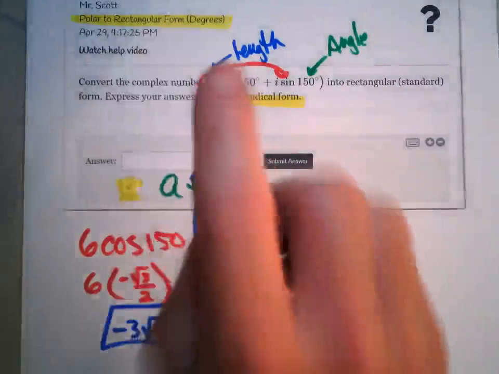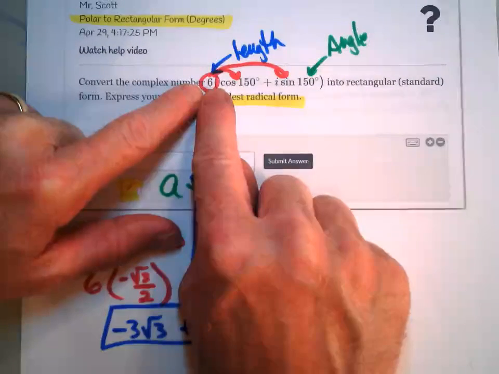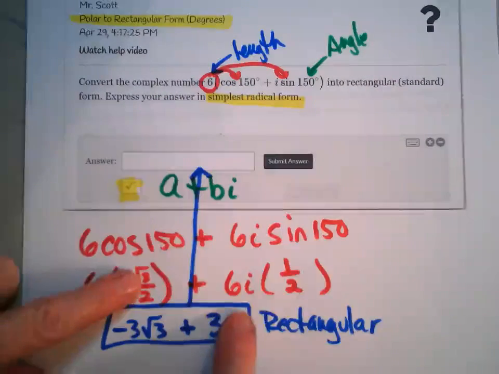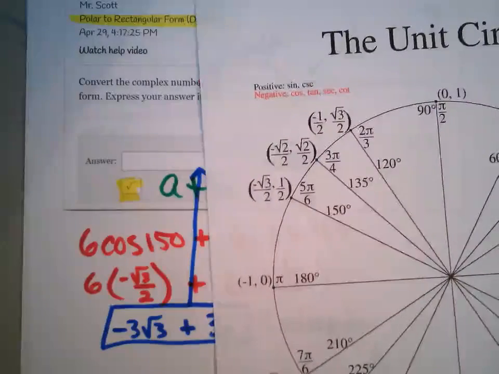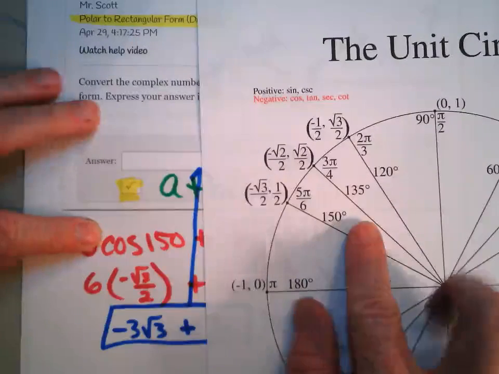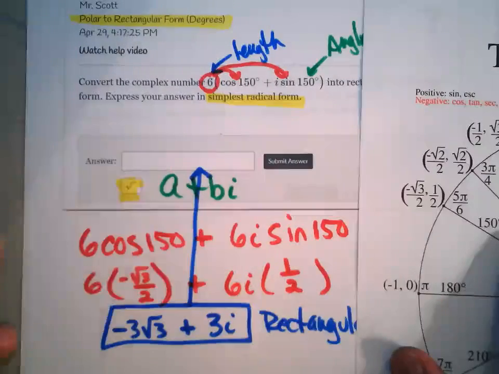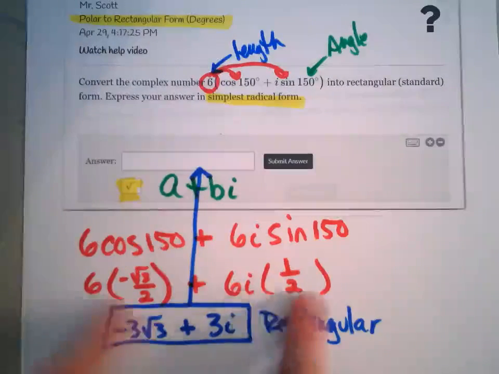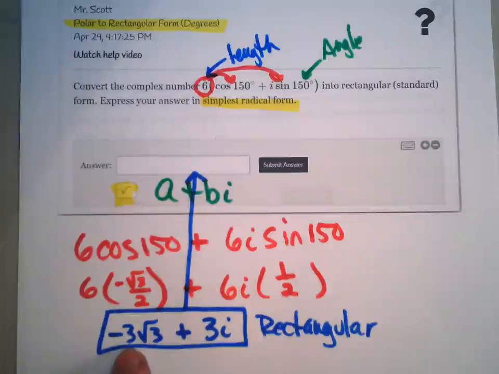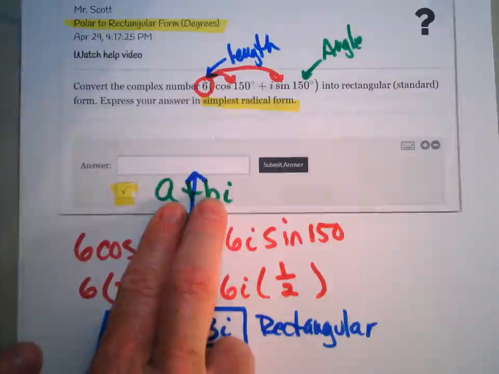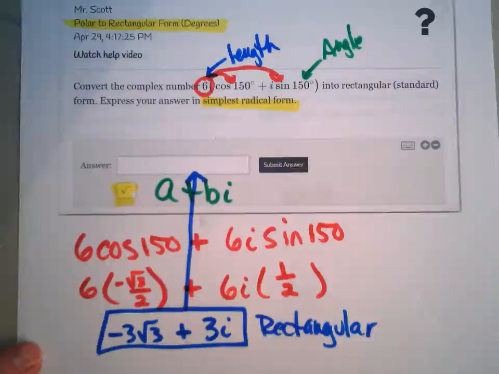Okay, so once again, you're going to distribute the length of the complex number into the parentheses, along with the good old unit circle, just hasn't gone away, has it, guys? Use the unit circle, find the cosine of 150, find the sine of 150, plug those in, simplify it down, negative 3 square root of 3 plus 3i, make sure it's in the format of a complex number, and hit submit.